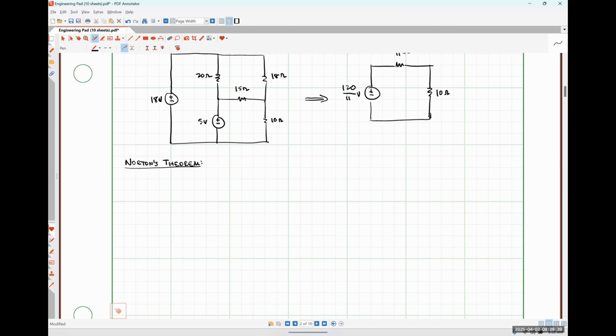So Norton's theorem is almost exactly the same as Thevenin's theorem, except that it says that we can replace our circuit with an electrically equivalent practical current source.